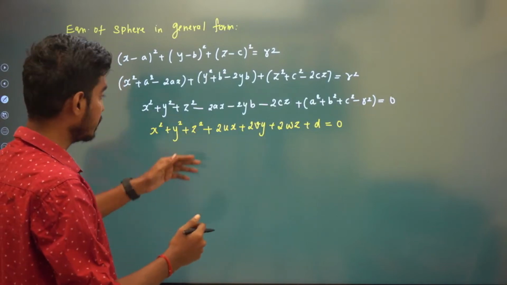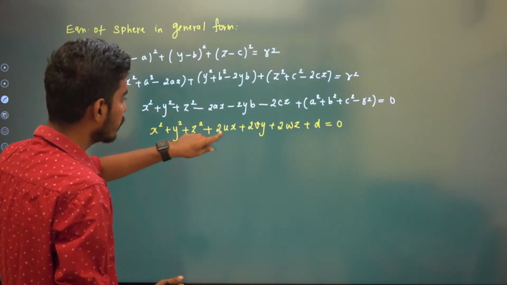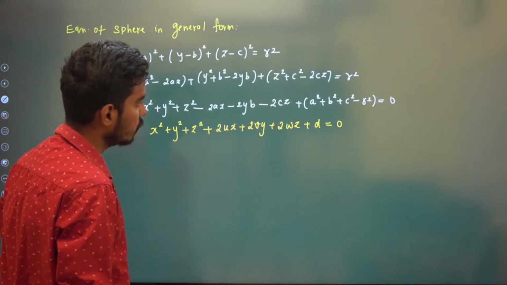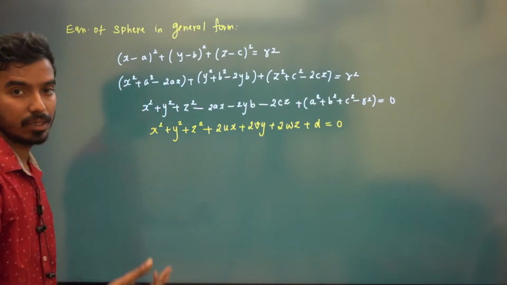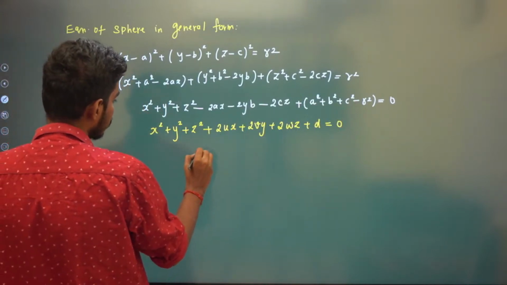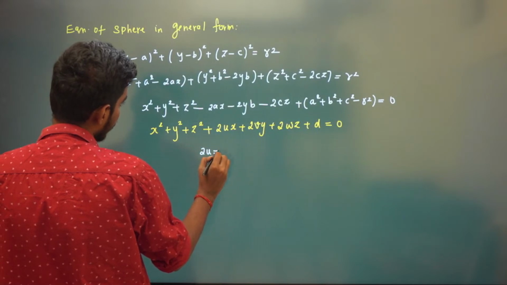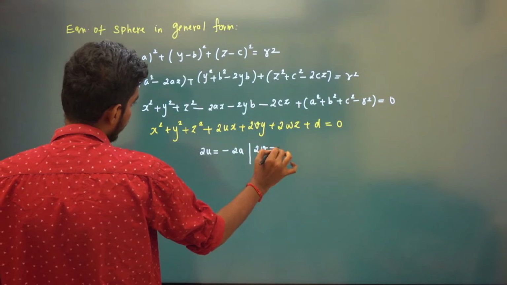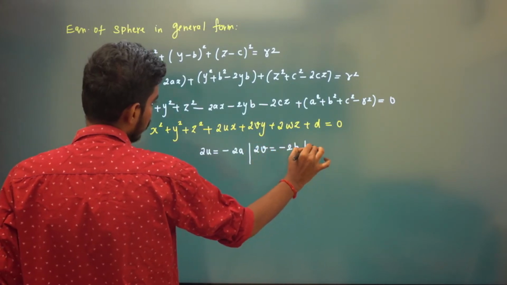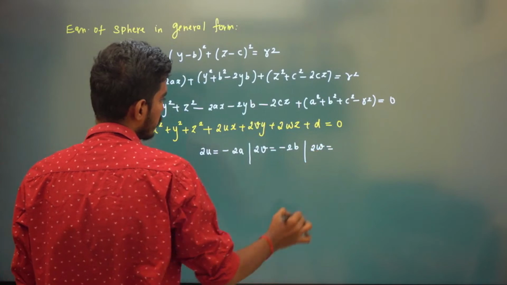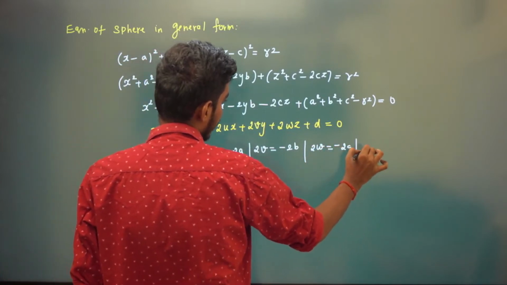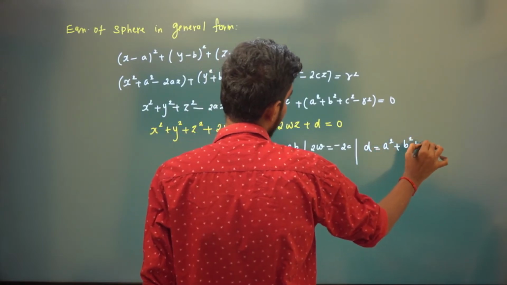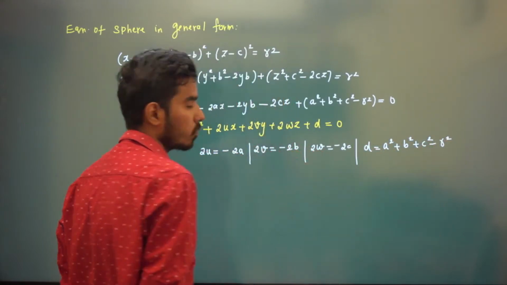I'm replacing −2a by 2u, −2b by 2v, −2c by 2w, and I'm replacing the entire constant term by d. So you will have 2u = −2a, 2v = −2b, 2w = −2c, and I have replaced d by a² + b² + c² − r², right?